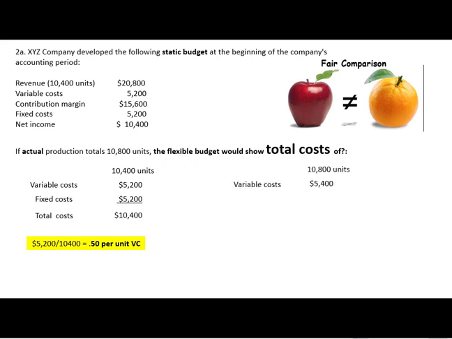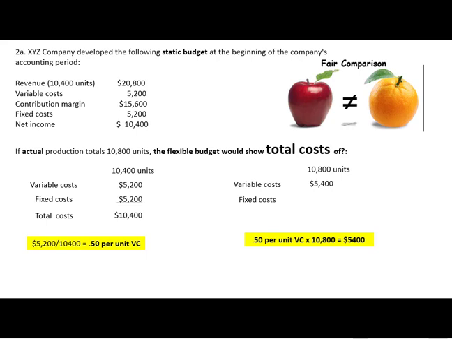So 10,800 units, variable cost will be $5,400, not $5,200, but $5,400. And how do we get that? Very important calculation. We take the 50 cent per unit variable cost that we figured here and just multiply it times the new level of volume, which in this case was 10,800 units. That gives us $5,400.